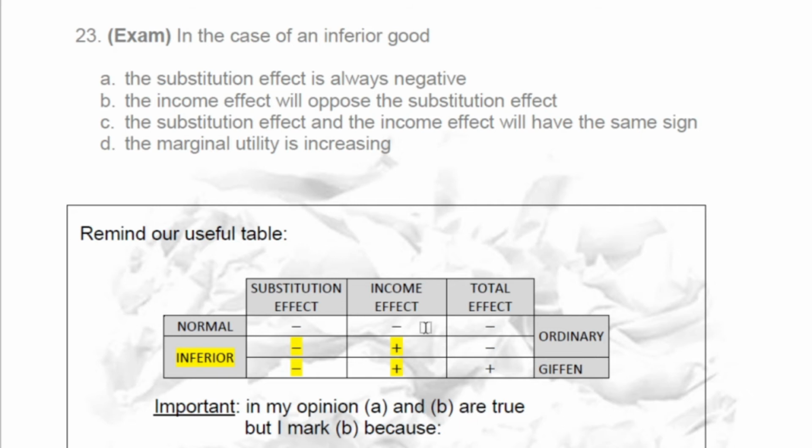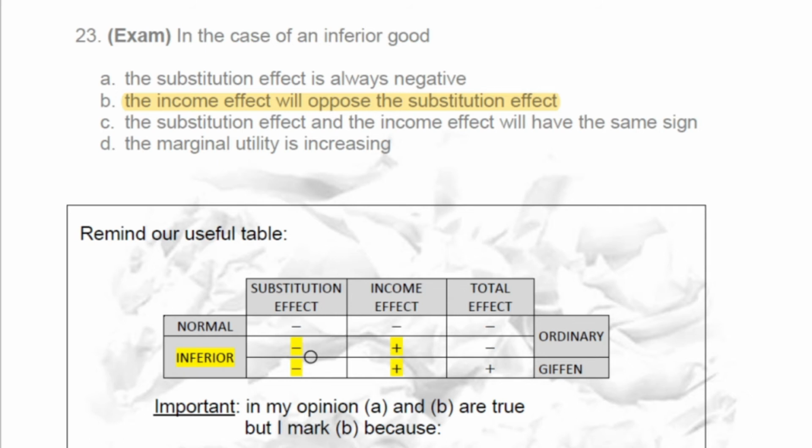Why do I mark B? Because, as my students know, there is a mistake in the university when they teach this, because they say that the substitution effect is positive.